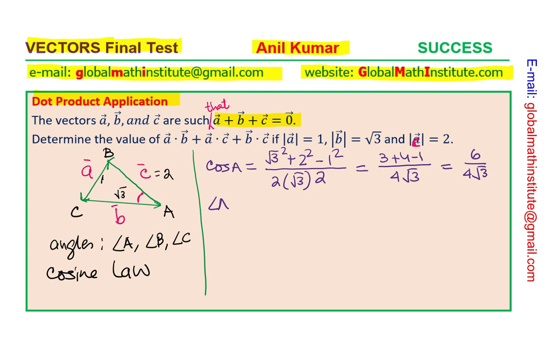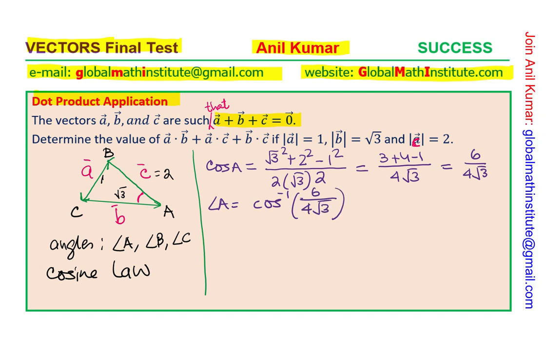And angle A will be cos inverse of this; you can also reduce it, but I'm just keeping it like this, and we can check with the calculator. So 6 is divided by 4 and square root 3, and we do shift cos inverse of our answer, and we get this angle as 30 degrees. So angle A is 30 degrees.